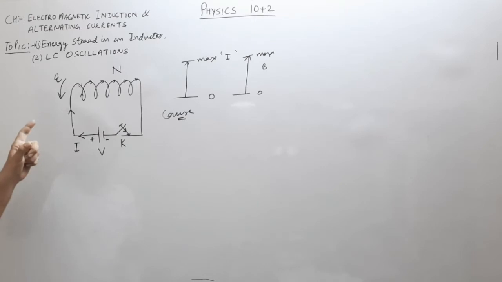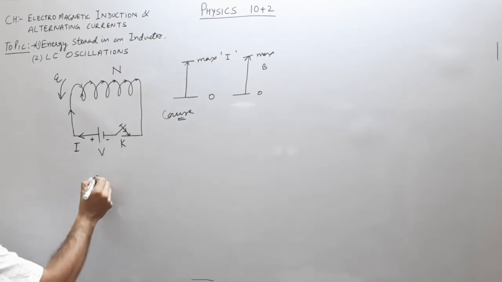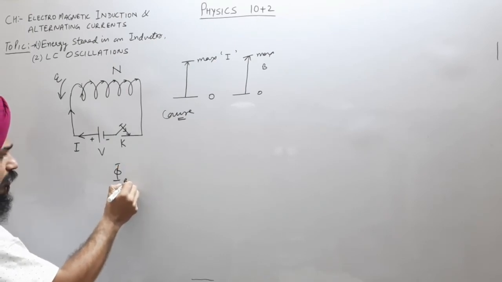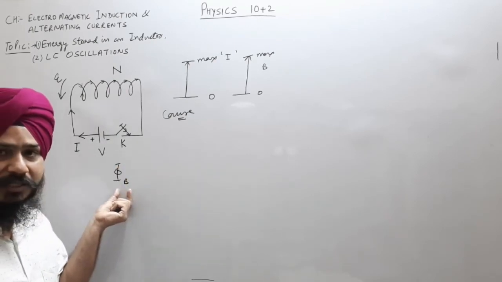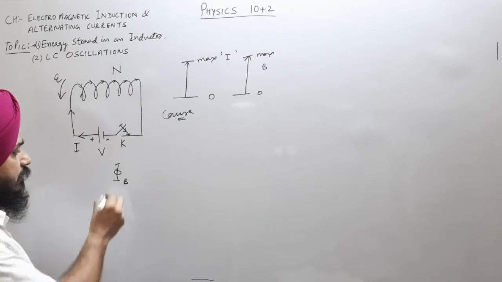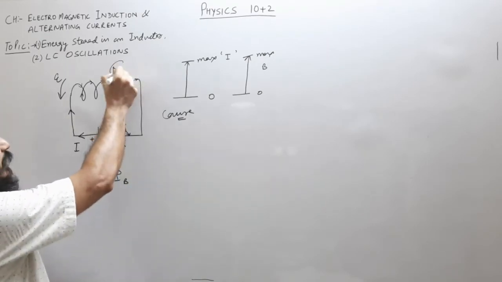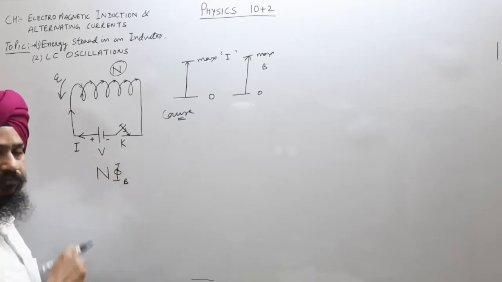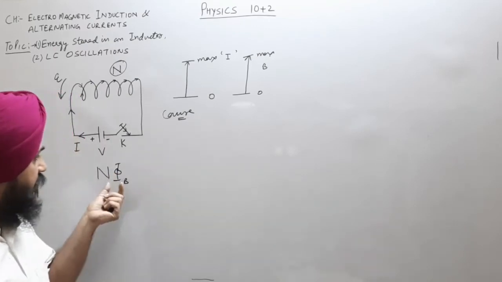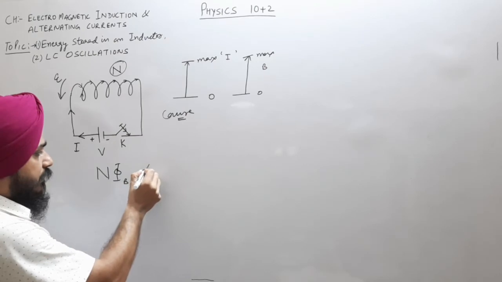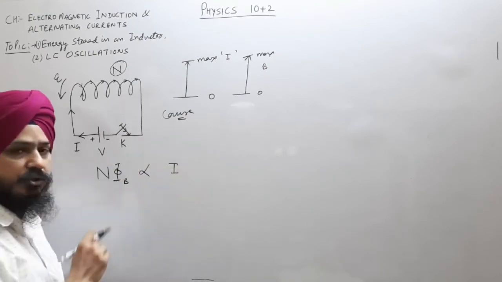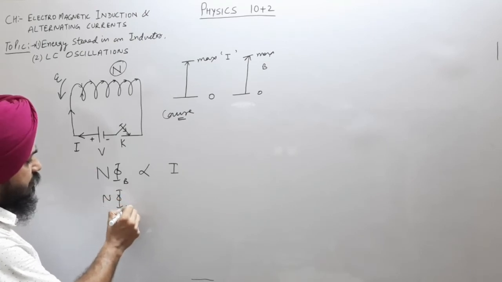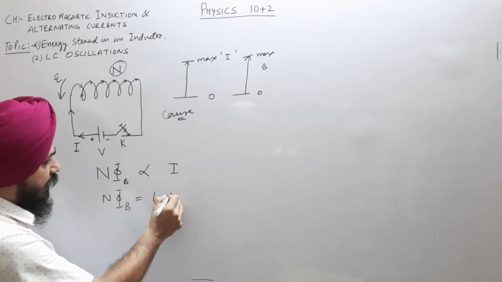So if we have a number of turns n and phi B is the flux linked with one coil, then as we have n turns in this coil, the total flux will be n phi. This magnetic flux is directly proportional to the current flowing through the circuit. Removing the sign of proportionality, it gives us n phi B equal to L i.